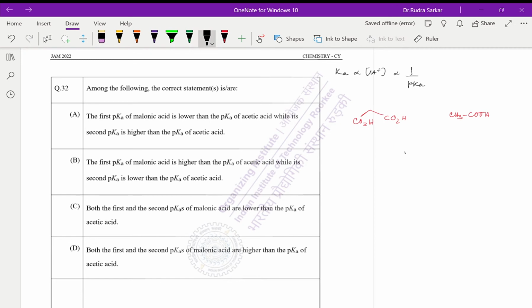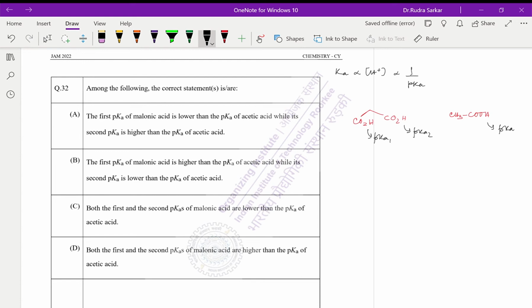Suppose I'm calling this pKa1, this one pKa2, and this one just pKa. So according to the question, they're trying to ask us what is the relationship between this pKa1, pKa2 and pKa.